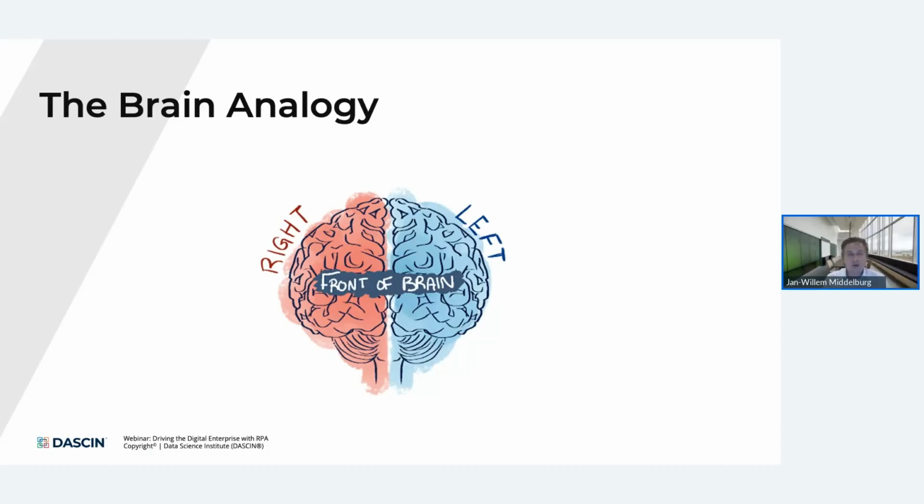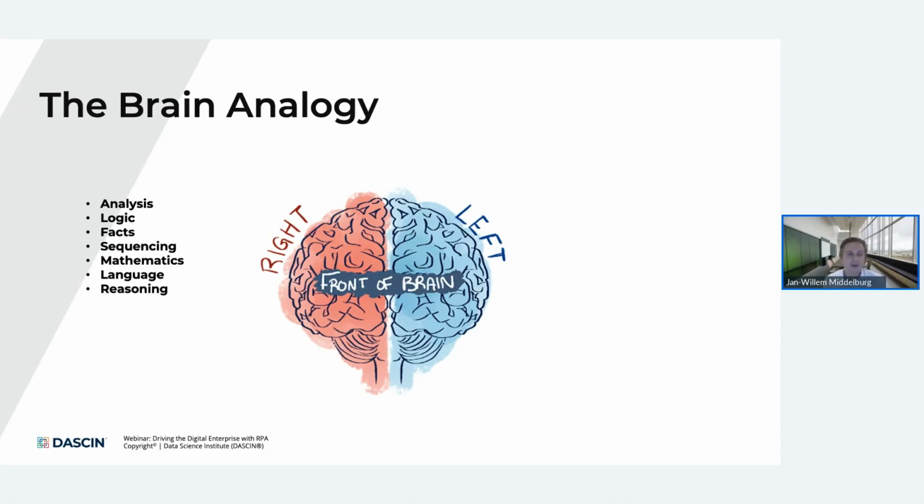The analogy I always like to start with when we talk about agentic AI is the analogy of the brain. You might or might not know that the human brain is subdivided into two components. If you look at it from the front, we have a right and a left-hand side. The right-hand side is responsible for what we generally call logical reasoning.